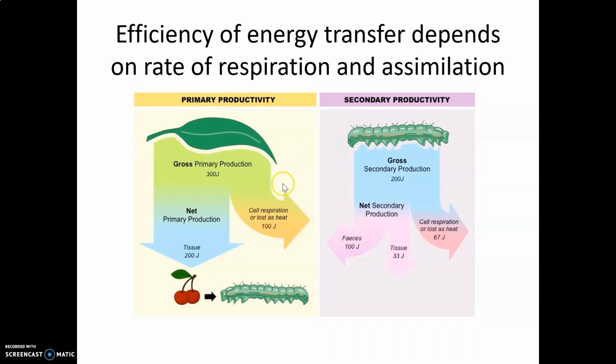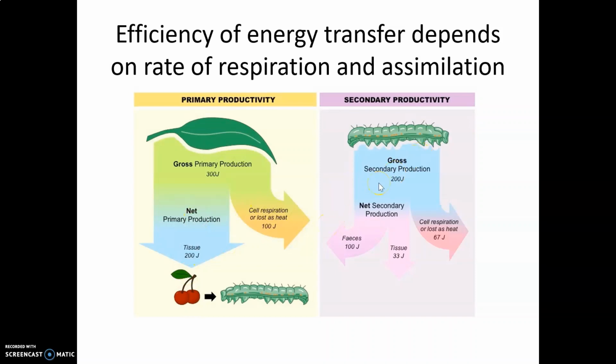So in this case, 100 joules is lost in cellular respiration, because this is used by the plant itself in cellular respiration. But if this was 150, then there would be less energy available in the form of biomass for the next trophic level. So if we change how much energy is used in respiration, we also change how much energy is available for the next trophic levels.